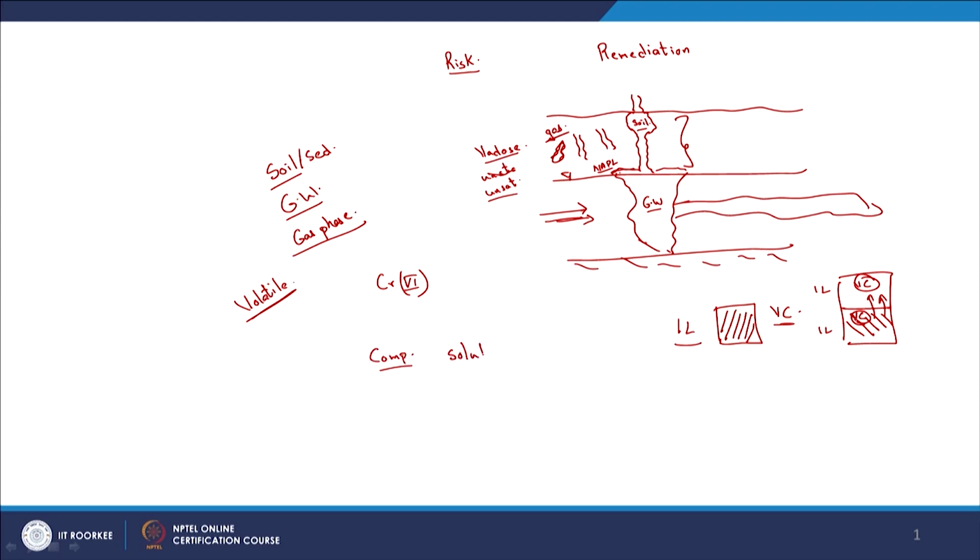When you had just chromium, you can think of pumping the chromium out. That is one aspect. I think we even looked at one particular example in Ghaziabad where they were looking at it in conjunction with bioremediation. So, soluble, it wants to stay in the aqueous phase or in the water, so you pump out the water.